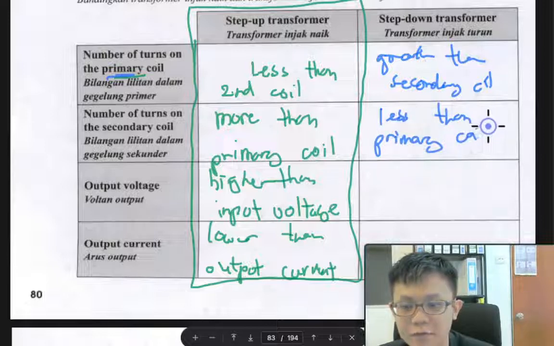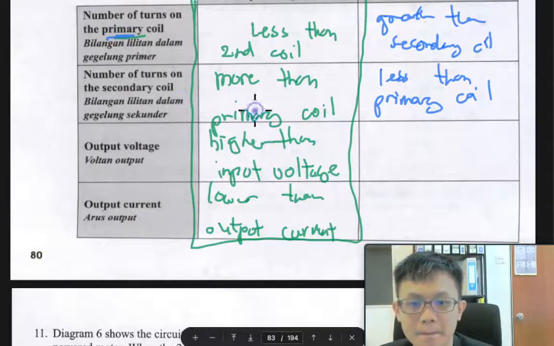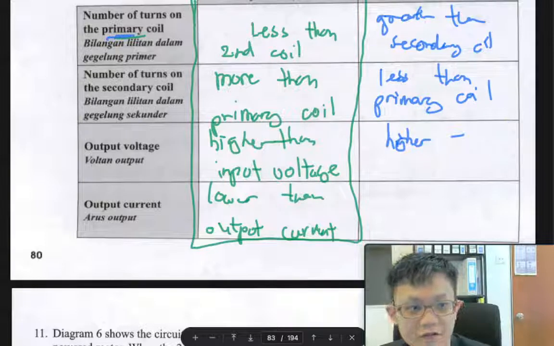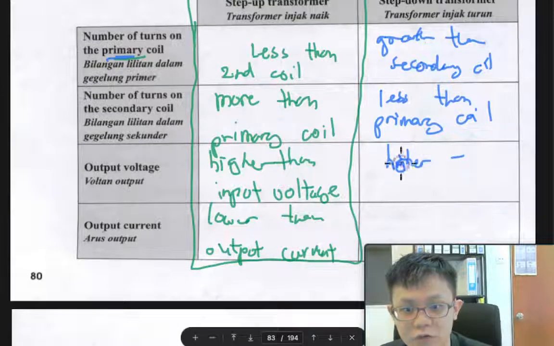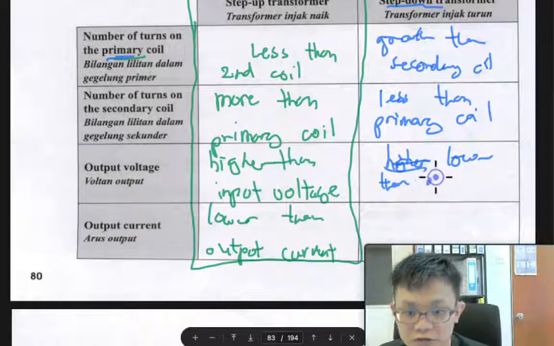Okay, how about the output voltage? Higher or lower? Okay, lower, because this is a step down, so it will be lower than input voltage.